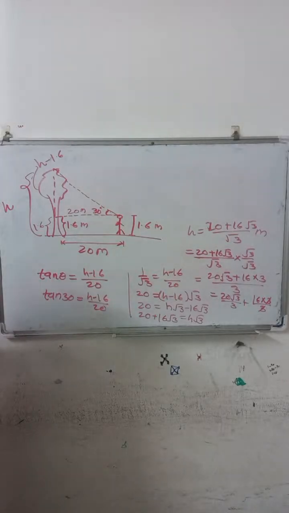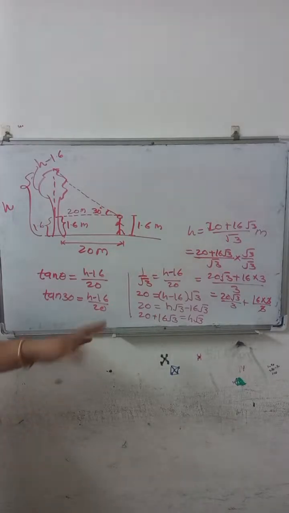Check how much is the answer you will get. The value of root 3 is not mentioned. Actually, the answer is required up to here only, but they gave different options, so I simplified.